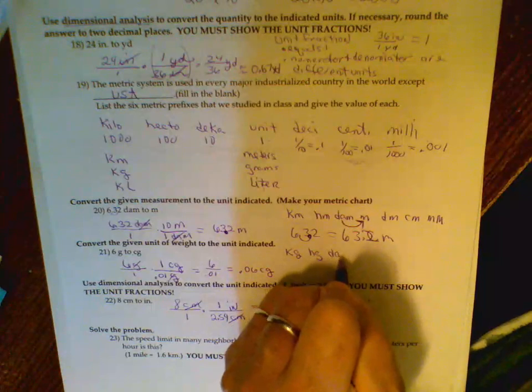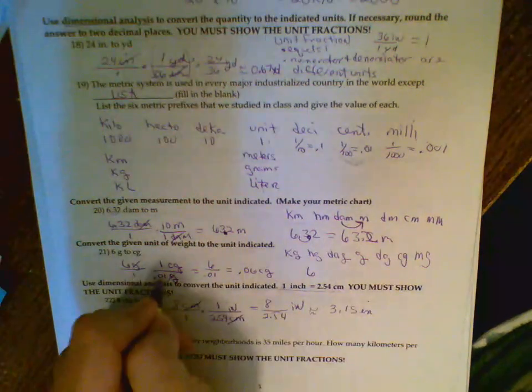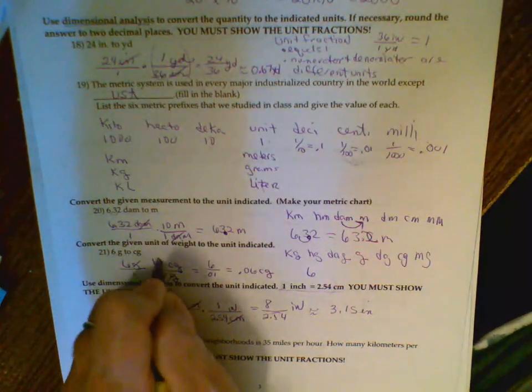But an easier way to do that is to make my table kilogram, hectogram, decagram, gram, decigram, centigram, milligram, and then I write 6 grams. No, I did that wrong. Sorry about that. There are 100 centigrams in 1 gram.